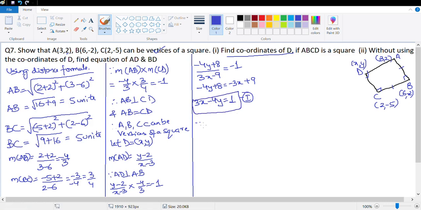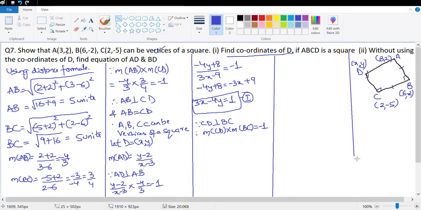Next, since CD is perpendicular to BC, therefore slope of CD multiplied with slope of BC should be equal to -1. So now let's find the slope of CD, and then multiply them. Slope of CD would be y minus -5, which means y plus 5 upon x minus 2, multiplied with slope of BC. We calculated slope of BC as 3 upon 4.